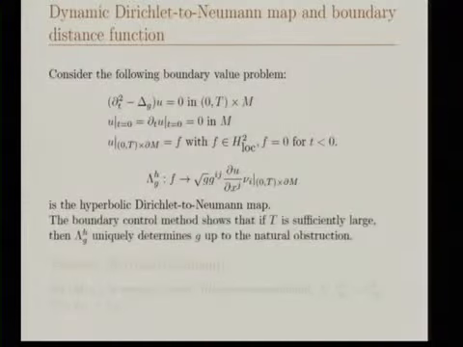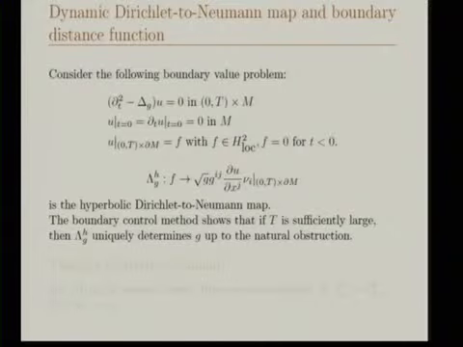Then the boundary control method, which Professor Kurylev talked about, shows that if T here is sufficiently large, then lambda g, and I put H for the hyperbolic case, uniquely determines g up to the natural obstruction. That is, it determines g tilde, and g tilde and g are related by the pullback of a diffeomorphism fixing the boundary.